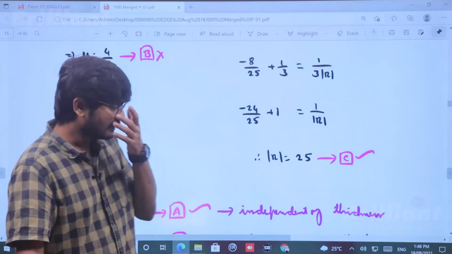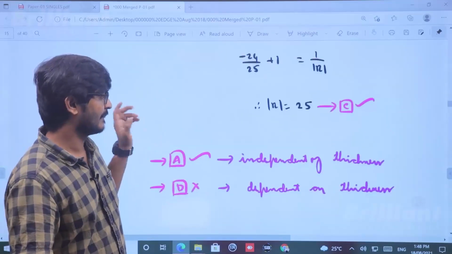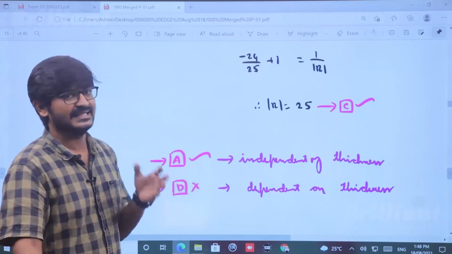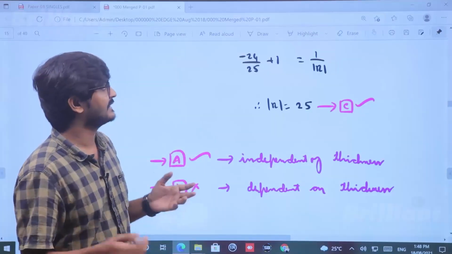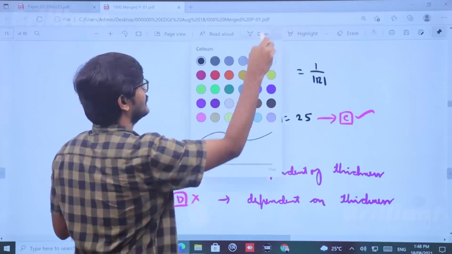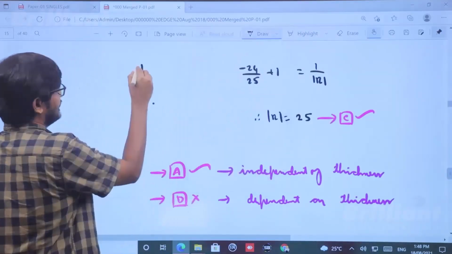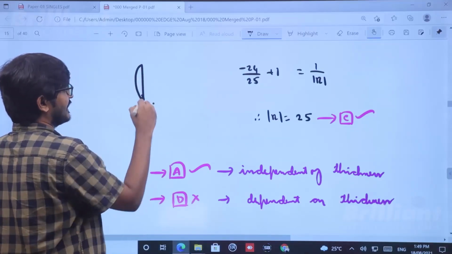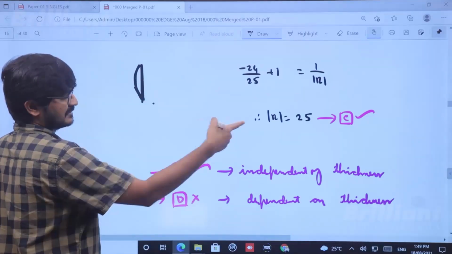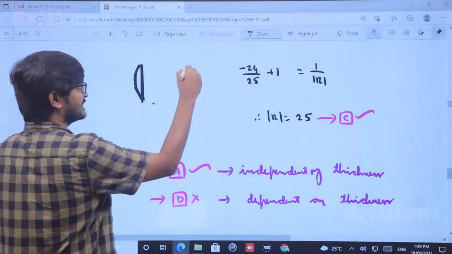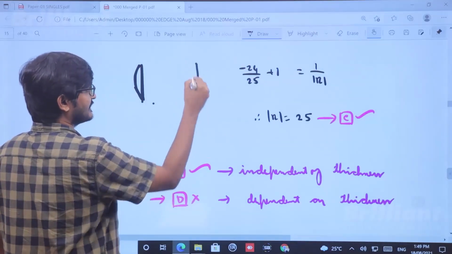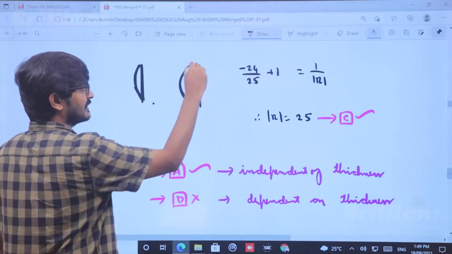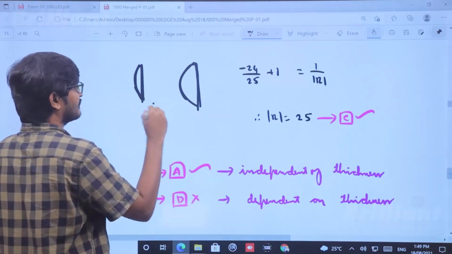Now comes the other two questions. Power, the optical power of the lens. Optical power of the lens means converging capacity. Now if there is a thin lens with one side flat and one side some radius of curvature, maybe let me say 25, and if there is a thick lens with radius of curvature 25 and one side flat, the power of these two will be the same.